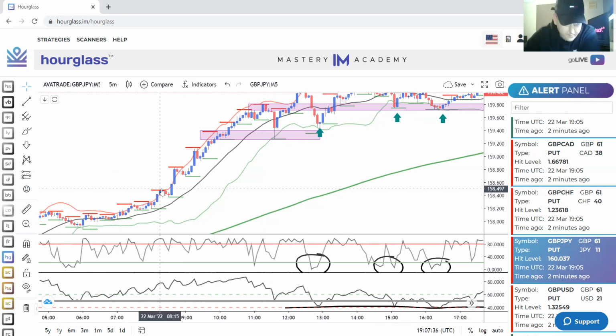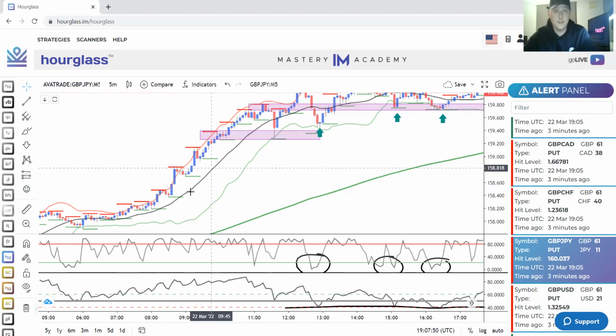So if you remember our rules for our hard trend in time strategy, because this is in an uptrend, we would look for price to be above the 20 EMA, which is this black plot line here underneath the price. So it's above that. And there's a big difference in your currency strength meter. Even now, you can see that GBP is 60 and JPY is 11.